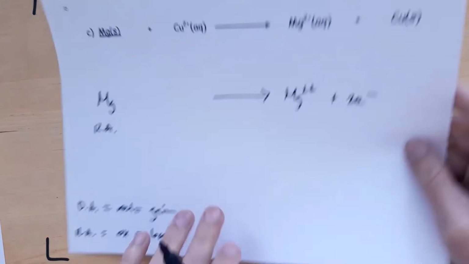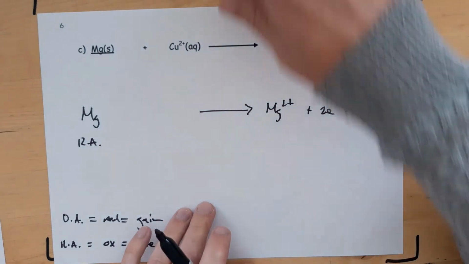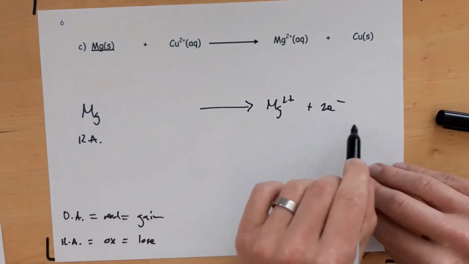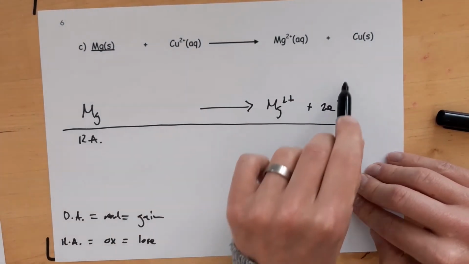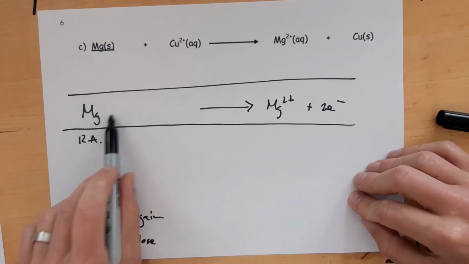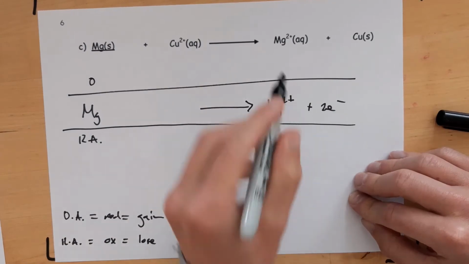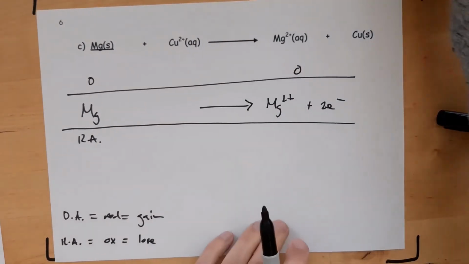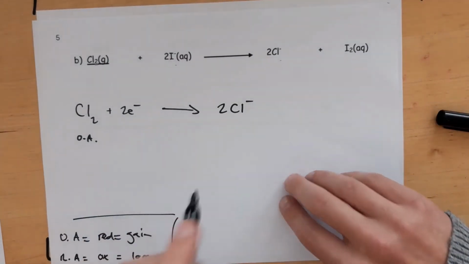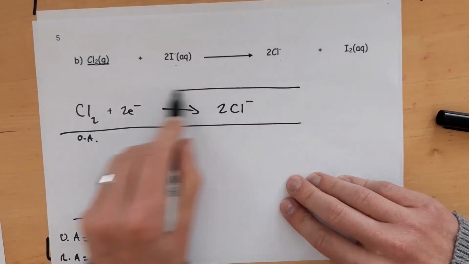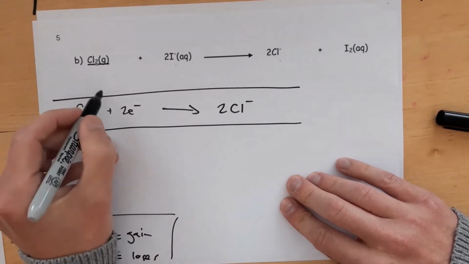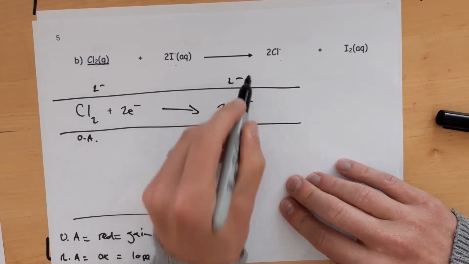And just one thing to point out here as well, notice the charges. This might help you if you're struggling to write these ion-electron equations. Look at the charge on this side: it is 0, neutral. The charge on this side is also neutral. The charges are balanced on both sides of the equation. On this side it's 2 negative, and on this side it's 2 negative.